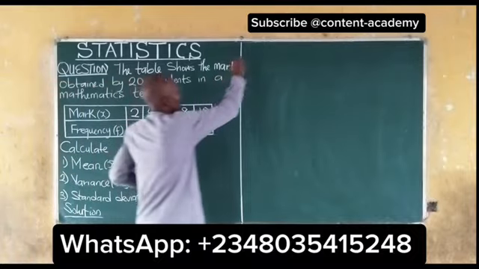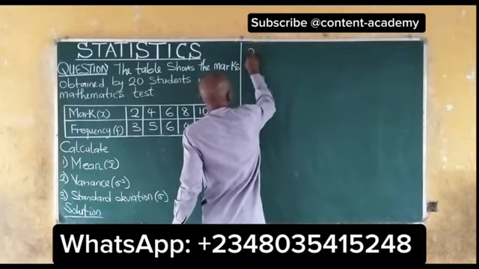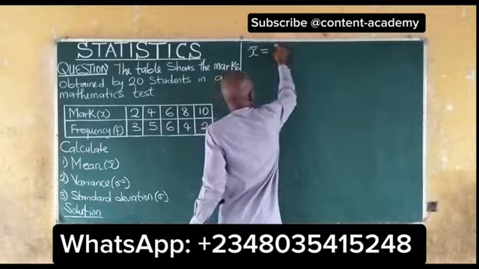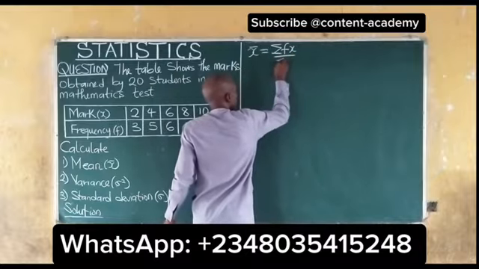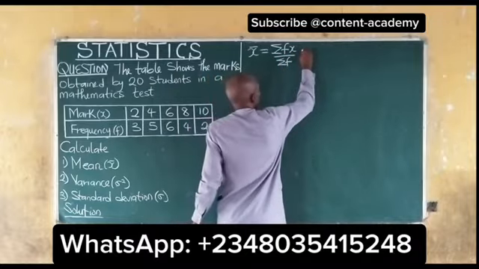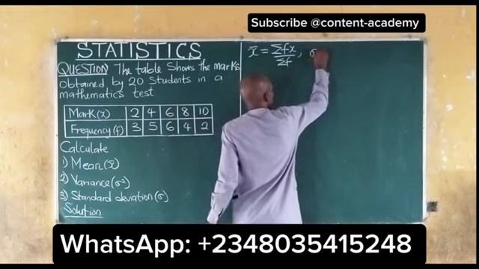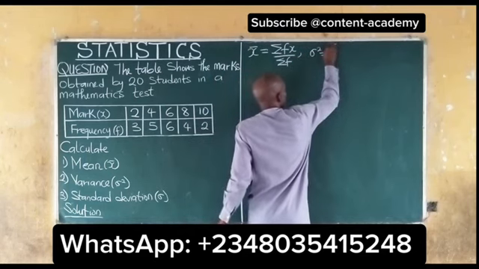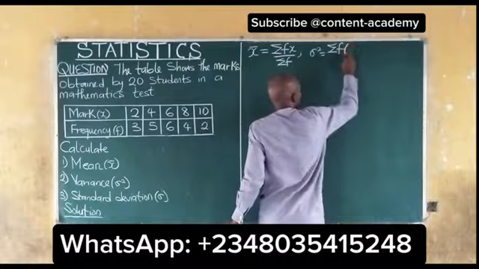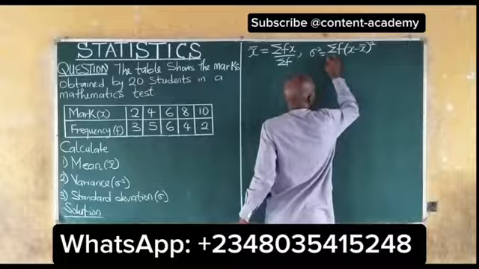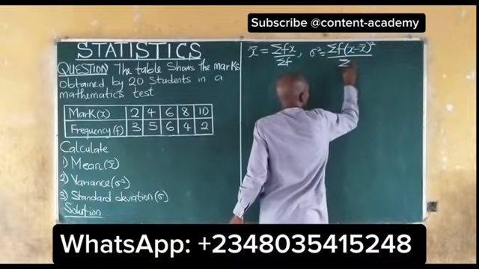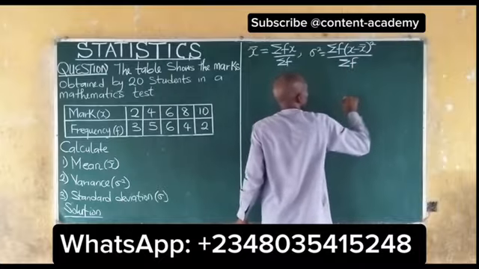First, we know our mean for group data to be written as summation of f of x all over summation of f. And we also know the variance to be summation of f of x minus x bar, which is the mean, squared, all over summation of f.